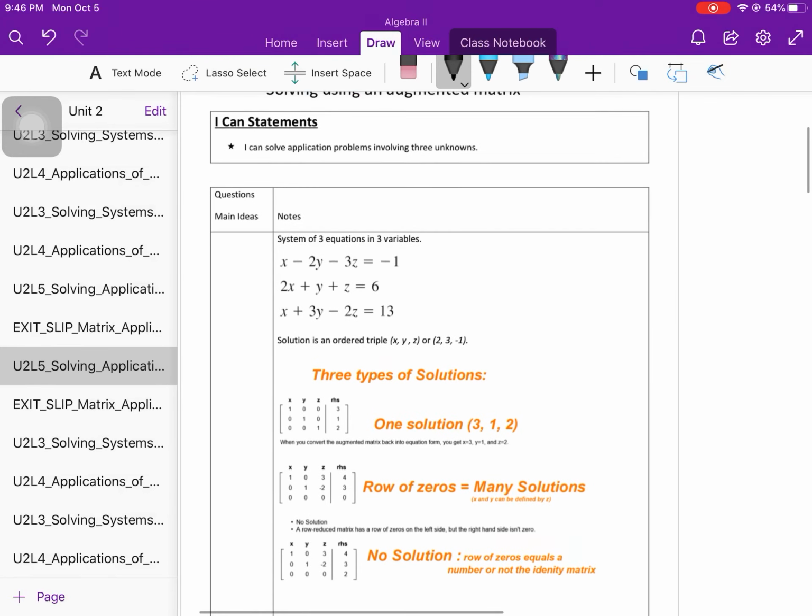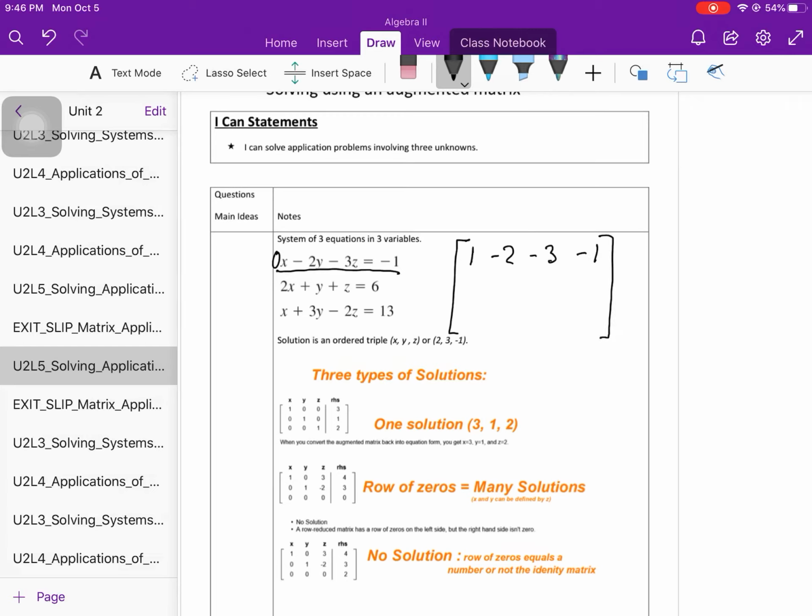Okay, so what we always want to do is once we have our three equations set up, we want to create what is called an augmented matrix. So that is going to be, in this case, a 3x4 matrix where we take the coefficients of our equations and then the constants on the right side and we plug it into a matrix. So this first row right here would be 1, -2, -3, -1.